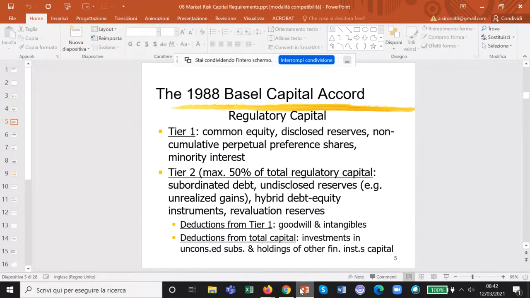What we generally consider to be equity in any company. However, it also included Tier 2 capital, even if with a constraint, i.e. not more than 50% of the total numerator could be represented by Tier 2 capital. And Tier 2 capital included subordinated debt and undisclosed reserves, hybrid debt.